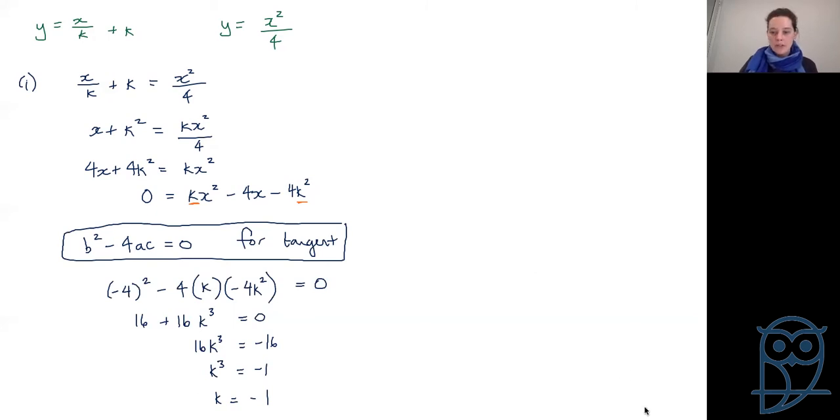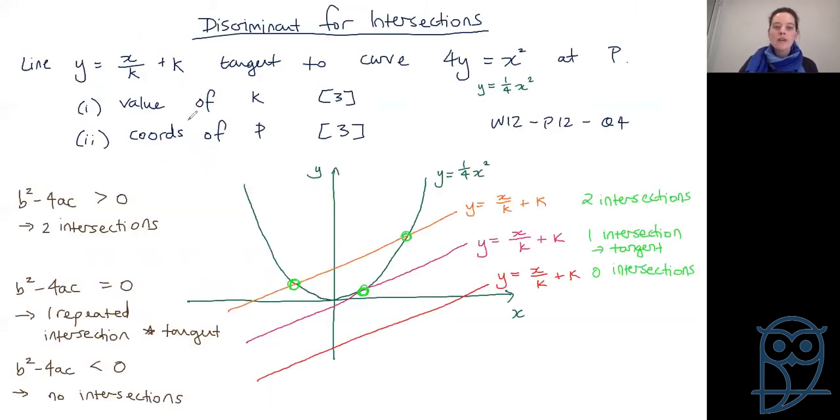So part 2 of the question asked us now to find the coordinates of P. Now that we know that k is minus 1, we actually know that we've got a whole different line to what was going on, because now we know that our line is y equals minus x minus 1. So the version of the line that we're working with is something over here, where the intercept is now minus 1, the gradient is minus 1, and we have one repeated root, one repeated intersection.